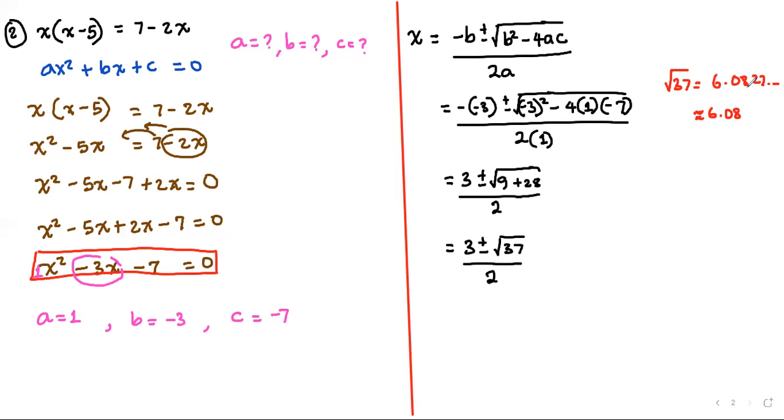We cannot make 8 become 9 because here we have 2, and 2 cannot round 8, so it will still remain as 8. So we are going to use 6.08 instead of the square root of 37. So we have 3 plus or minus 6.08, out of 2.